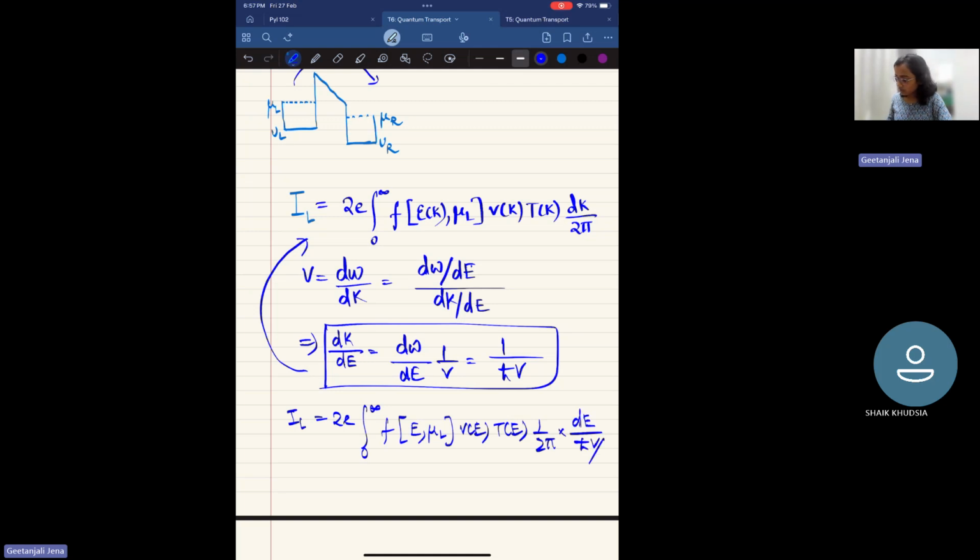The v will cancel with the v here, and we are left with IL is 2e by h, integral from 0 to infinity, f of E minus mu L, T dE.